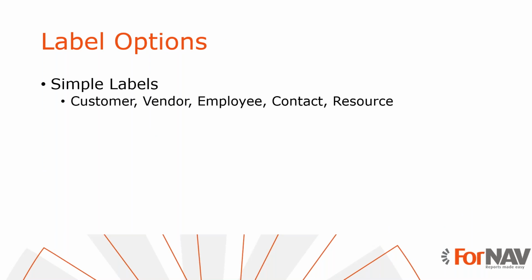The first one is just a very simple label that we connect to any master data in Business Central. And the reason we provide those simple labels is that with Business Central, it's easier to create a custom report layout than to create a layout from scratch. Creating a layout from scratch with ForNAV is also easy, but it requires you to have a permanent extension.